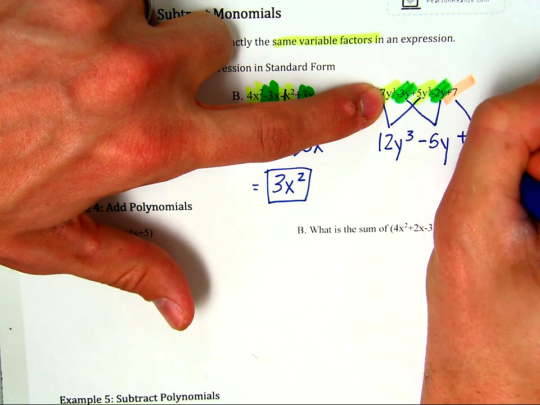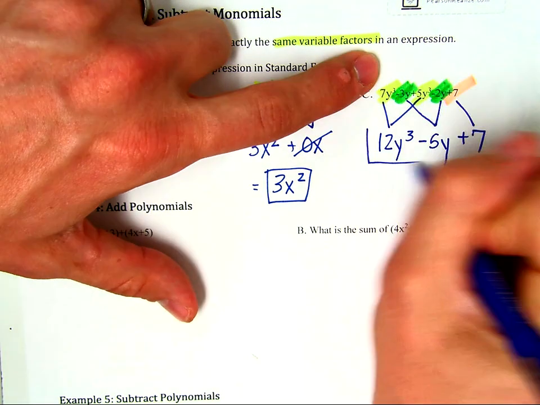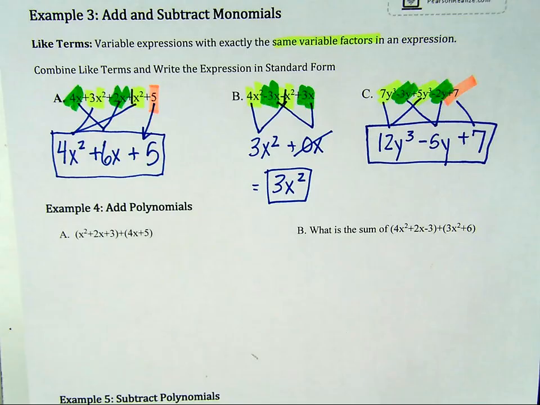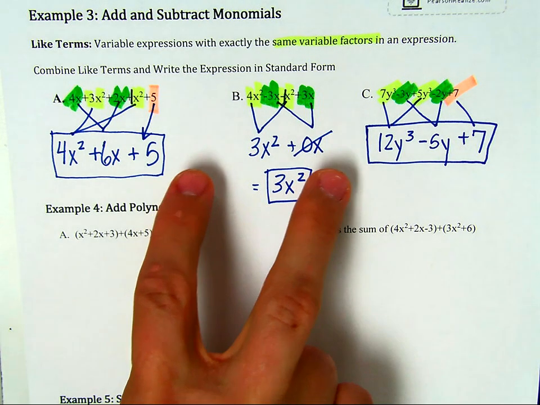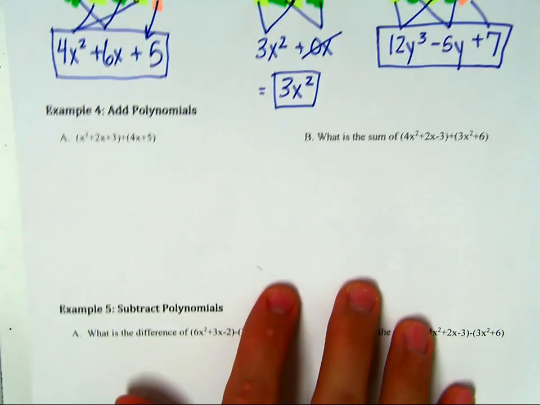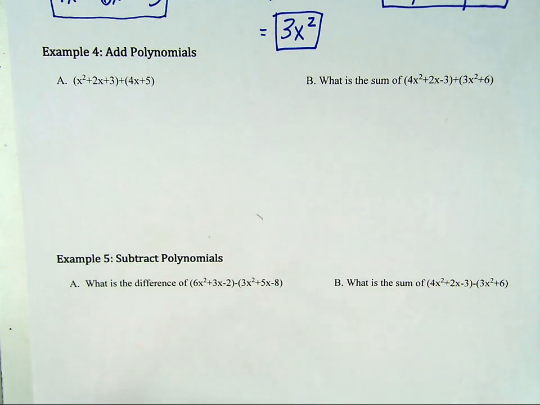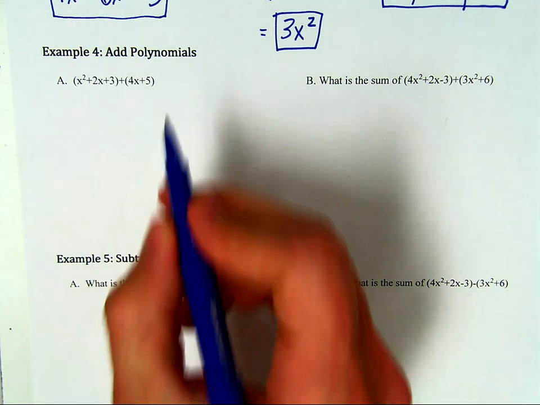Negative 3y and negative 2y become negative 5y. And the 7, we just put on at the end. All right, pretty simple. So that's combining like terms, which we need to do for examples 4 and 5.